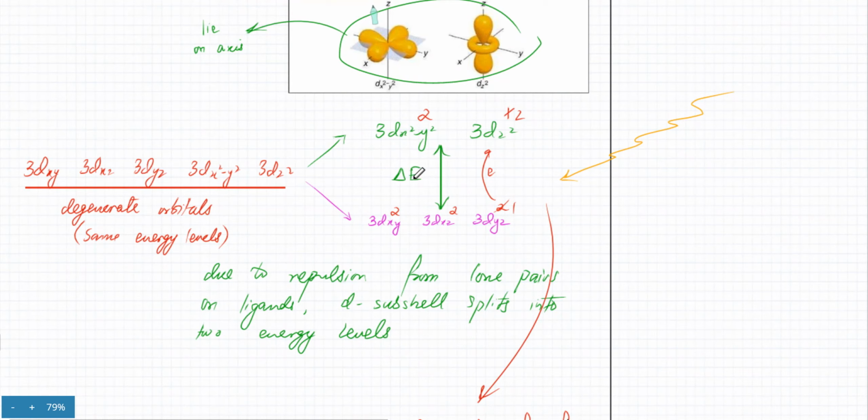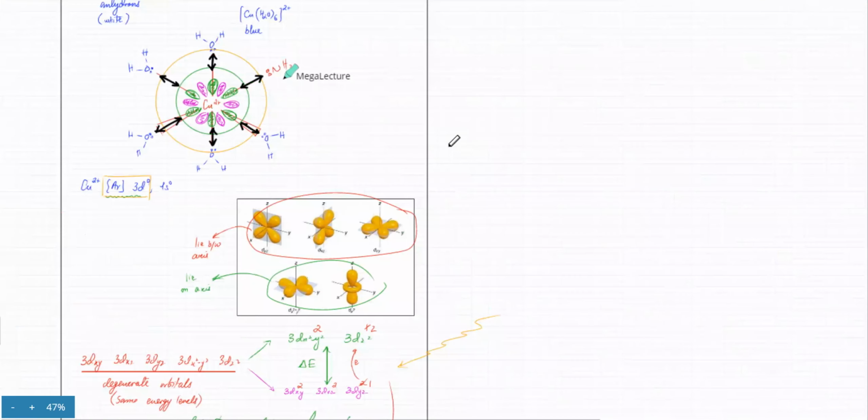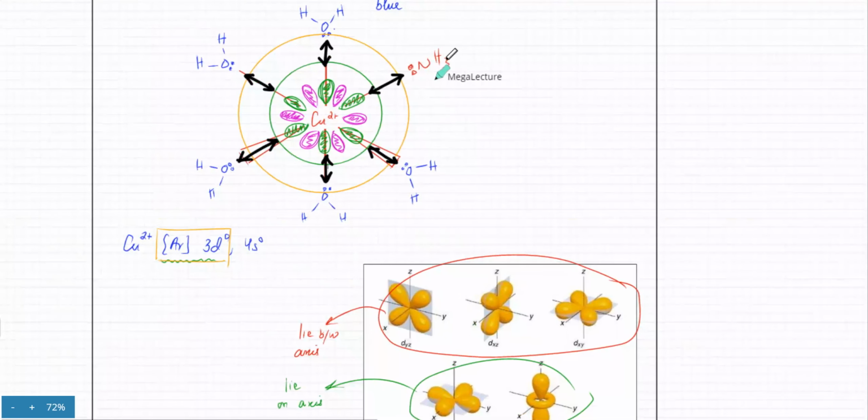And because of that different energy gap, a different frequency is going to be absorbed, which is why a different complementary color would be seen. So this splitting and the energy gap between the d subshell depends a lot on the ligand. If you change the ligand, there would be different repulsions faced by the 3d subshell, and the splitting pattern would be different, or the energy gap between the two sets of d orbitals would be different.